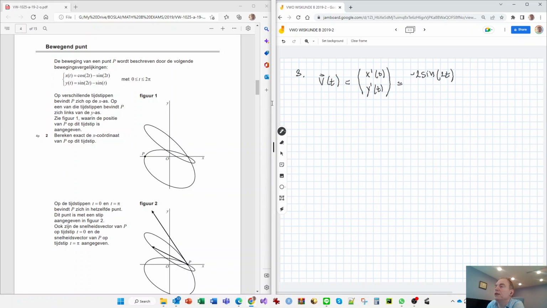Then the derivative of a sine is just a cosine, and I get a factor of 2 from the chain rule. So cosine 2t. And here I get the derivative again of a sine. So I get 2 cosine 2t. And here I get simply a cosine of t.